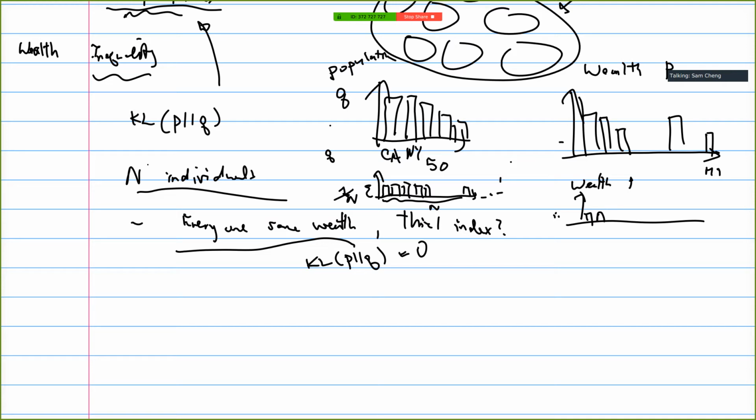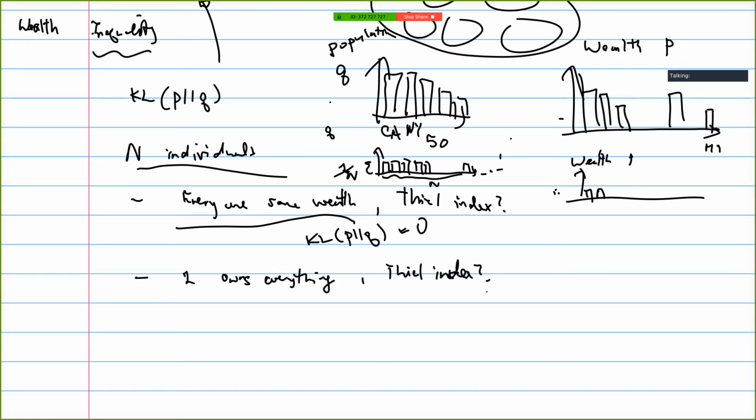Then let's look at another, extreme example, the second case. Let's say I also have n individuals, but one of them is richer than Bill Gates. He owns everything. So again, what is the Theil index?